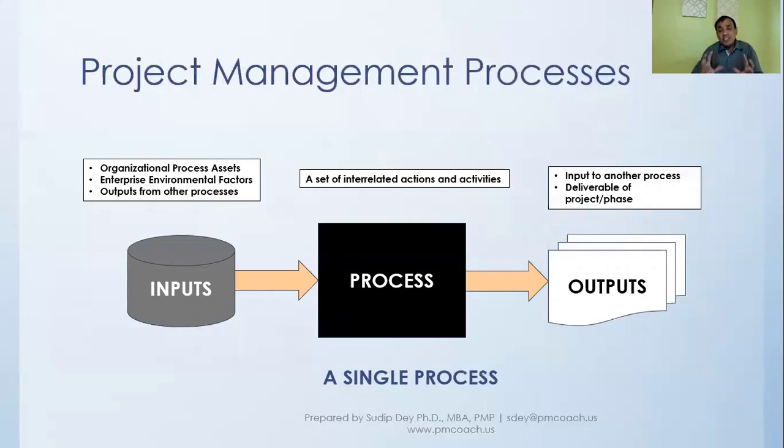So this is really the structure of a process. Now, we don't have to get overwhelmed because we'll go through each of the processes as we move through the project, and we'll see what is involved in terms of inputs, outputs, and the activities that we do in each of the processes.